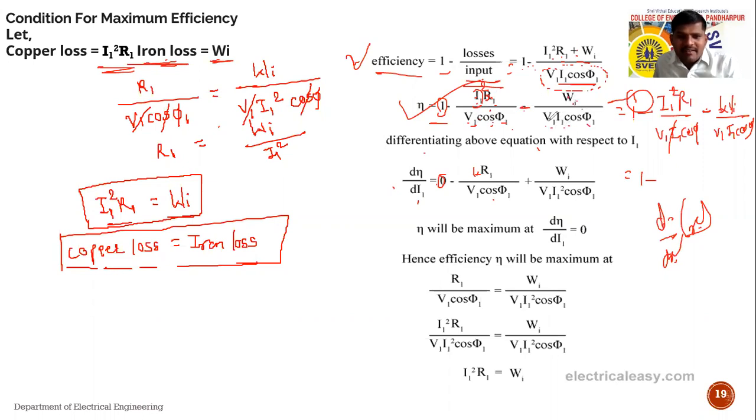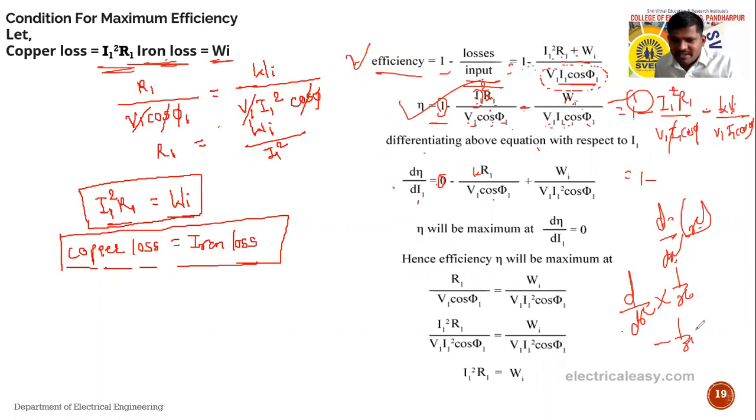Wi divided by V1 cos of phi 1 is constant, and we need the differentiation of 1 upon I1 with respect to I1. The differentiation of 1 upon x with respect to x is minus 1 upon x square.